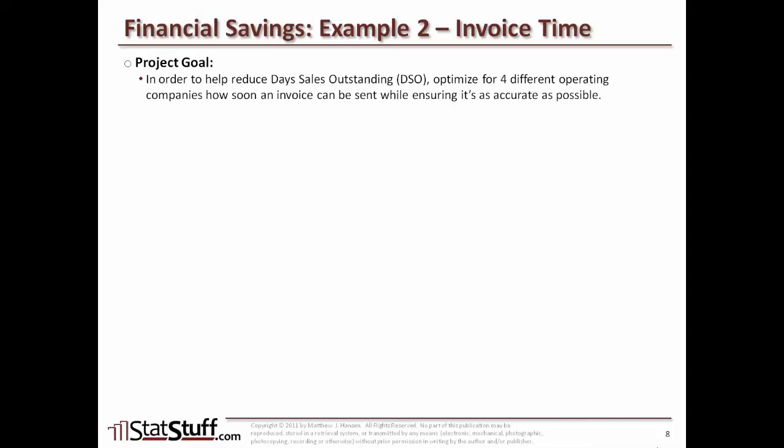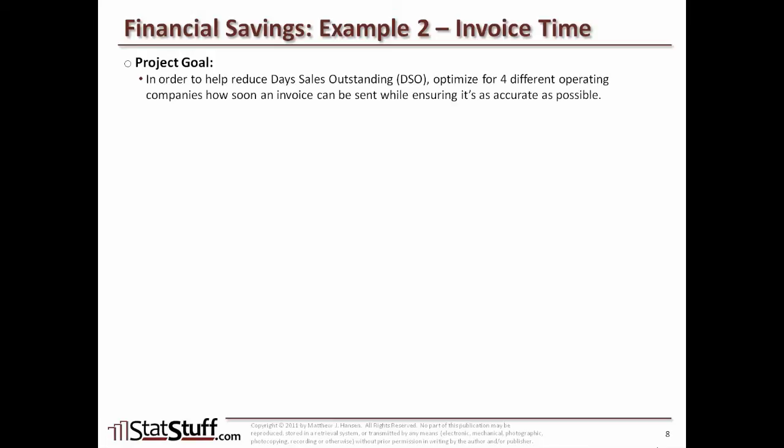We were trying to optimize across 4 different operating companies that this organization had, and how soon we can send an invoice out and ensure it's as accurate as possible. The soonest we can send it out means we can get our payments that much faster from the customer. So the ultimate goal was to accelerate the cash received from the customer.